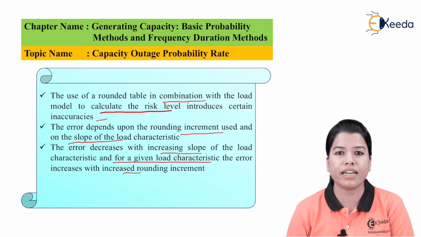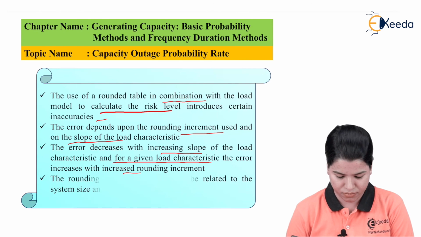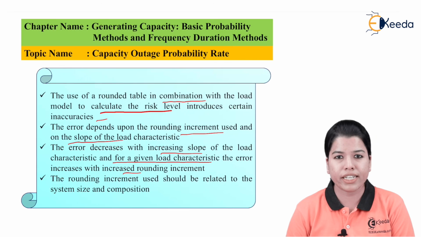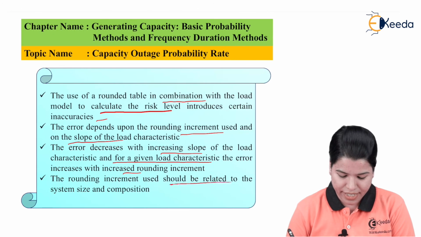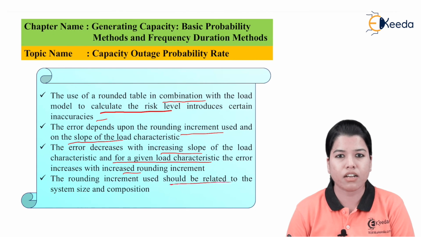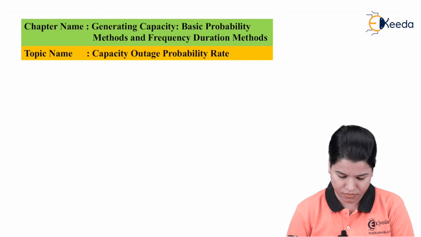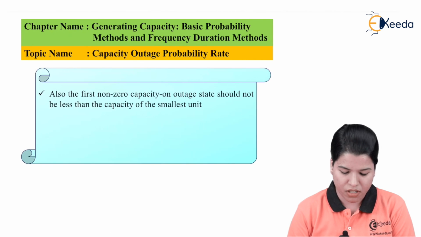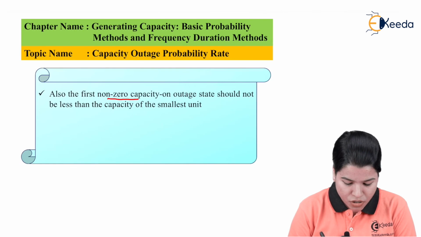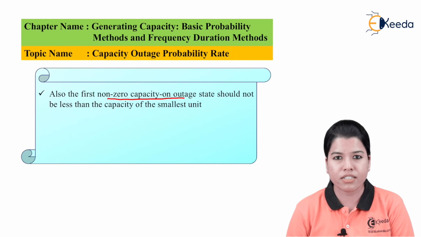So both these things are interrelated. So the rounding increment used should be related to the system size as well as composition. Also, the first non-zero capacity on outage stage should not be less than the capacity of the smallest unit.